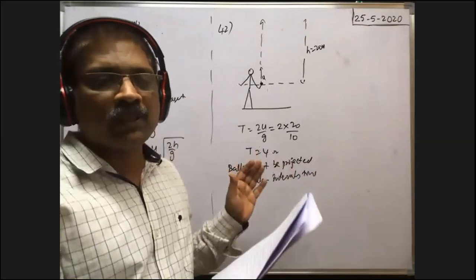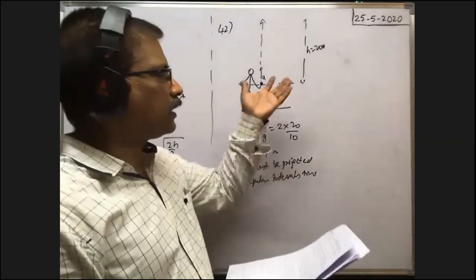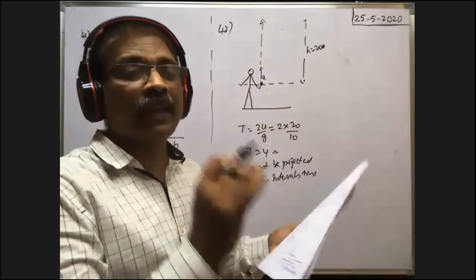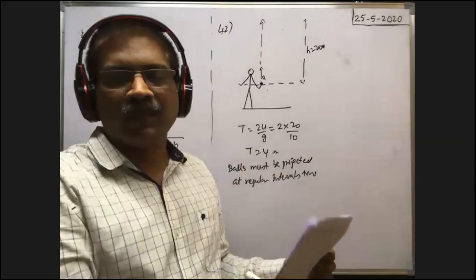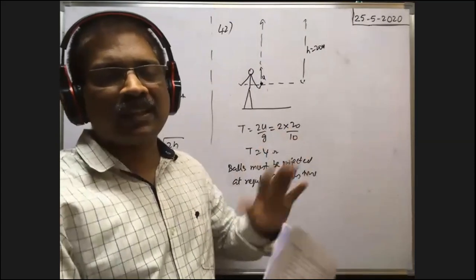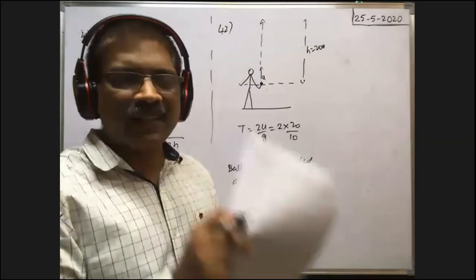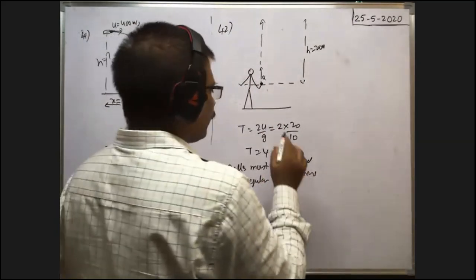If they are not projected at regular intervals of time, then when one ball is projected, after some time one more ball is projected like this, definitely after some time there may be 2 balls at the same time in his hand. Whenever he throws the balls at regular intervals of time, there is no question of 2 balls at the same time in his hand. That's why he has to project at regular intervals of time.